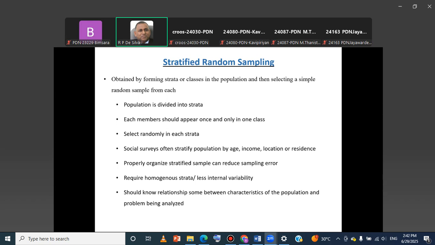So stratified random sampling. You first identify what kind of parameter you use for stratification. You use gender, male, female. You use age, old, middle, young. You use skin color, brown people, white people, black people, whatever. What's the parameter that you want to?